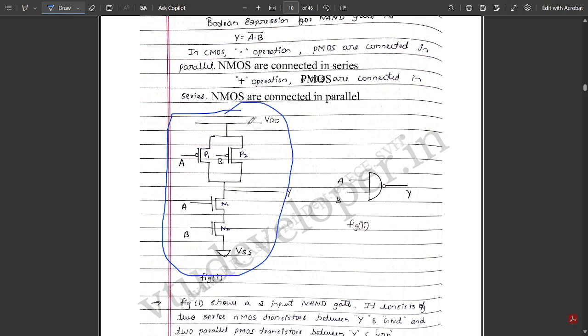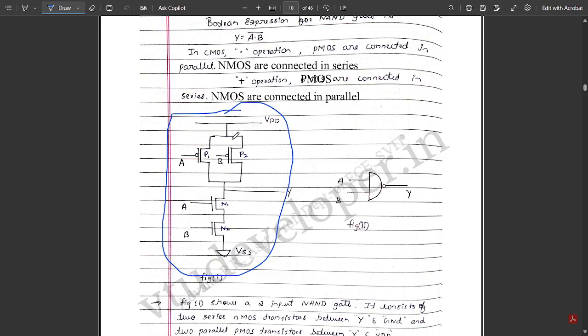Please observe very carefully. As I've already told you in my previous explanations in this video, since it is a two input gate, the PMOS transistors are connected in parallel in the pull-up stage. What is a pull-up network? The pull-up network directly connects to VDD, or the 5 volt, and the pull-down network directly connects to VSS, or the 0 volt ground.